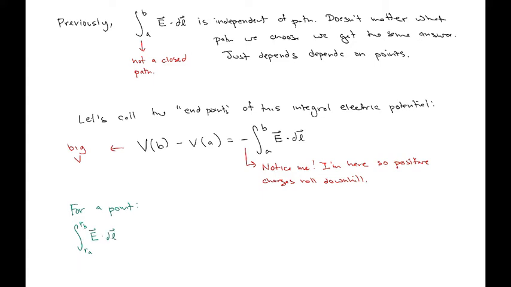And this dl, this line integral, I can rewrite in spherical coordinates as dr r hat plus r d theta, theta hat plus r sine theta d phi, phi hat.